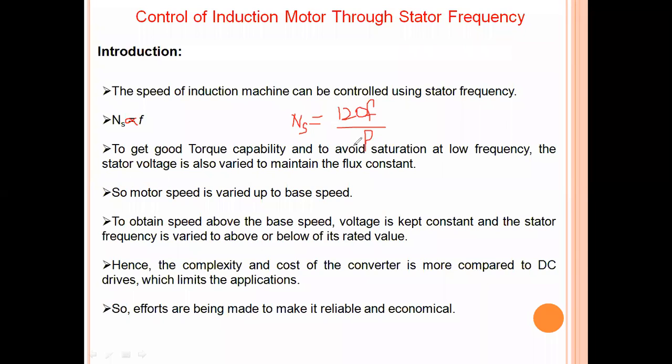120 is constant, and P is the number of poles for a particular designed machine. The number of poles is also constant. So 120 by P is a constant value. That means from this relation, we can say that the synchronous speed is directly proportional to the stator frequency or supply frequency.